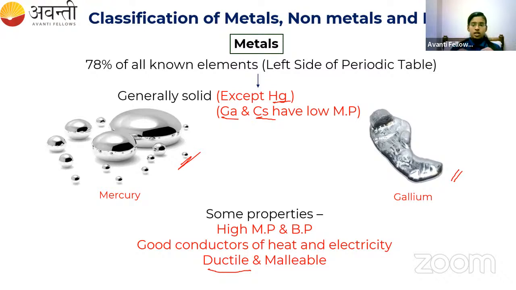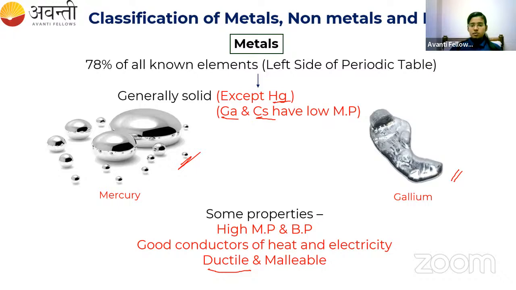And they are also malleable. Malleability means you can beat metals into thin sheets, and you can wrap them. That property, which can be beaten into thin sheets, is called malleability. Very good, Bindu. Exactly correct.